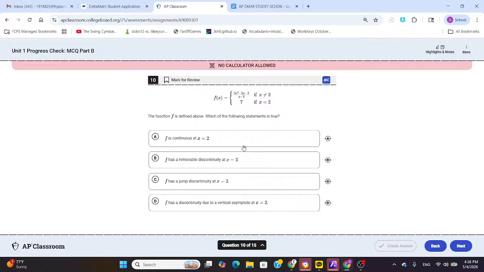F is continuous at x equals 2? We don't know that. We genuinely don't know. Has a removable discontinuity at x equals 2. Jump. So these two are discontinuities. And f has a discontinuity due to a vertical asymptote at x equals 2.